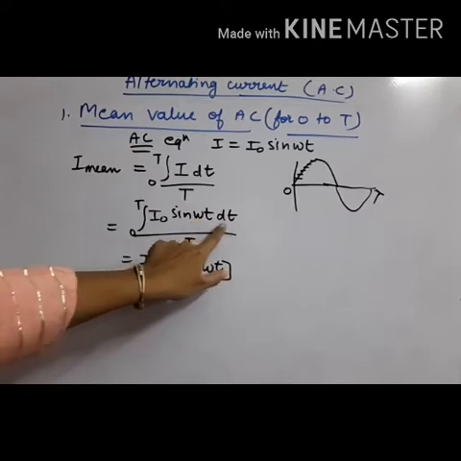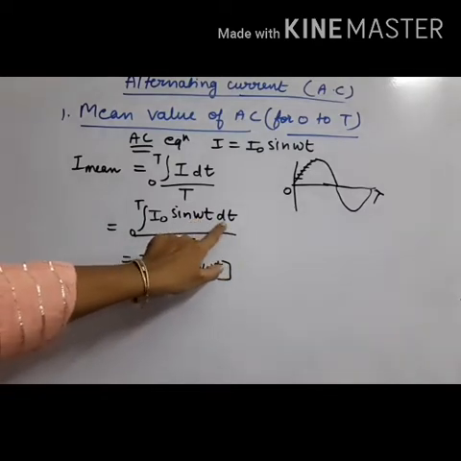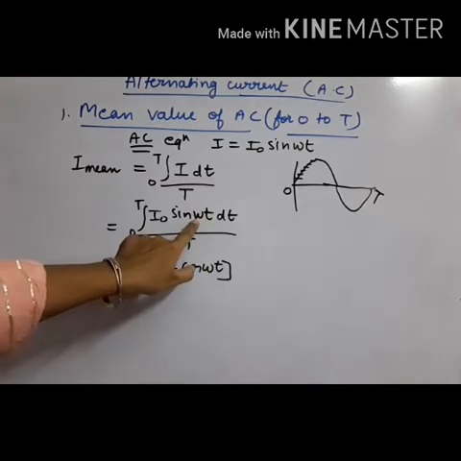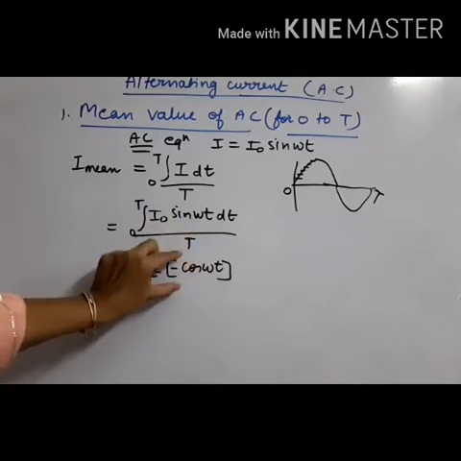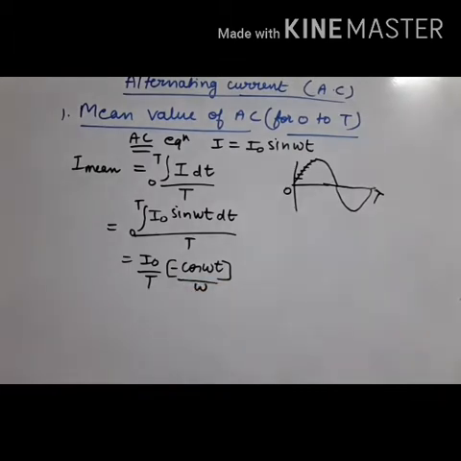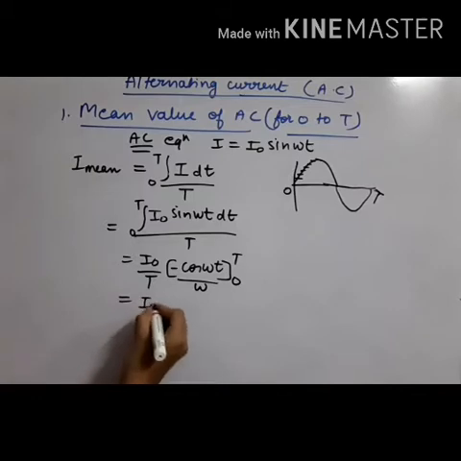If we are doing the integration with respect to time, then other than time, whatever is written in the sine is a constant. So in integration we divide the answer by that constant. This way we have divided, and after integration we have to apply the limits on the right side.